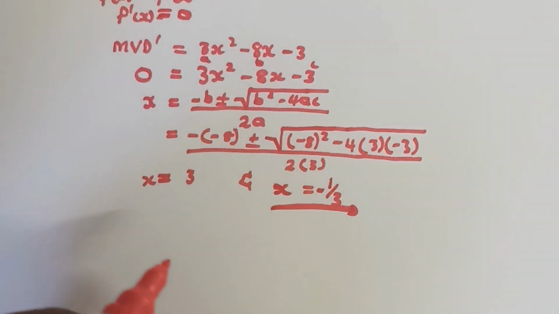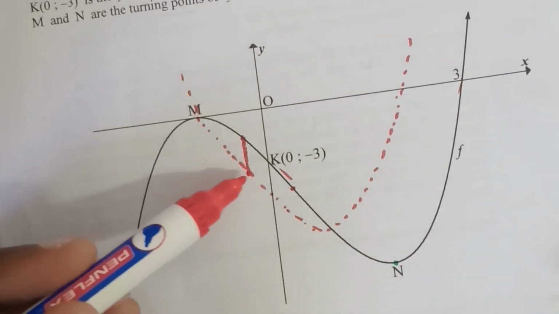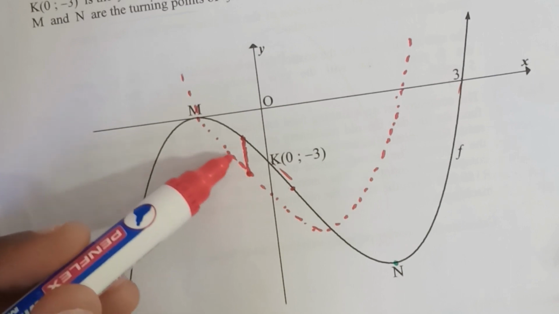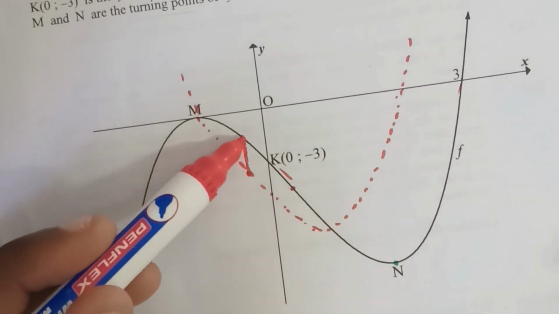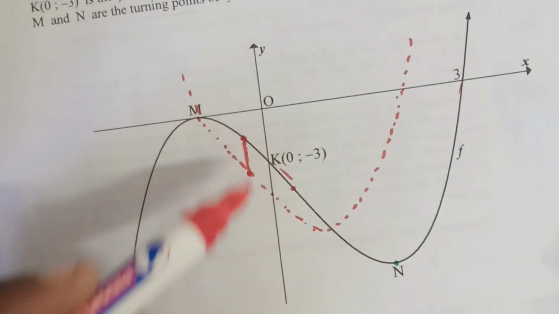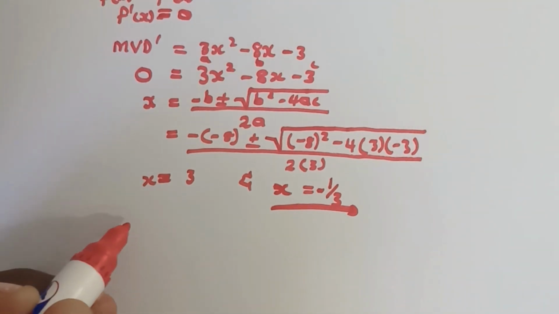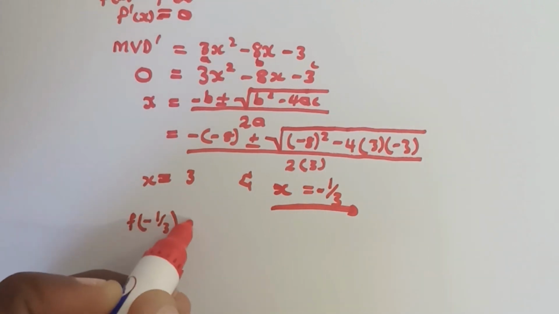Take note that this value of x lies on the graph of f prime of x, and this y value lies on this graph there. So we'll use a different equation to get the y values. Let's start with f of negative 1 over 3, the original one.